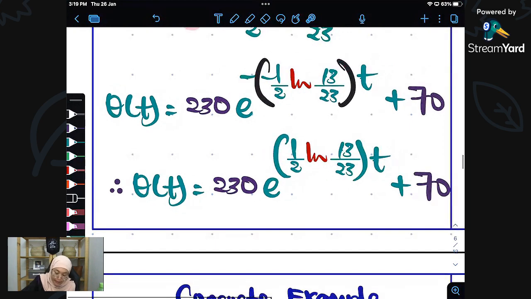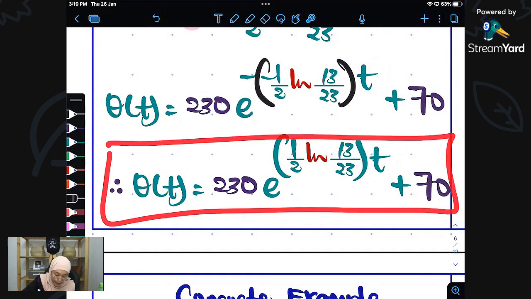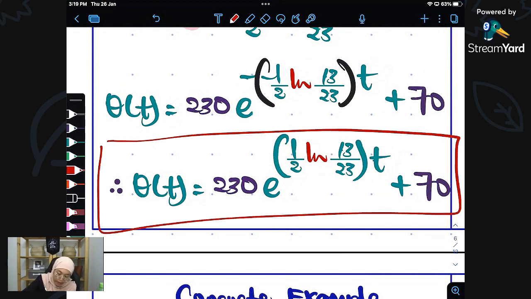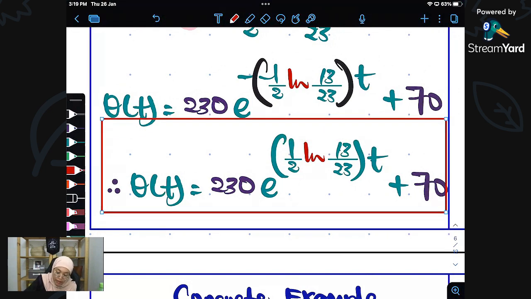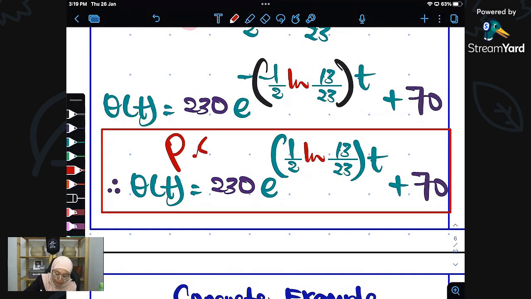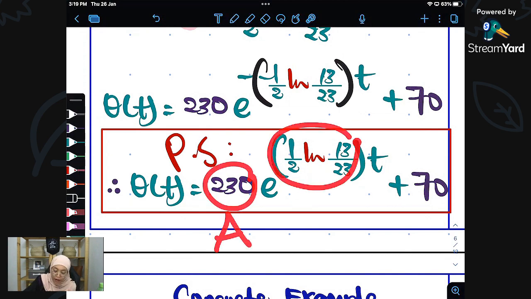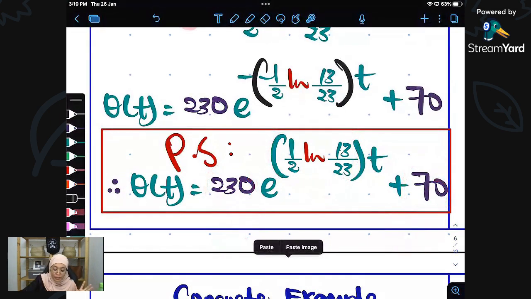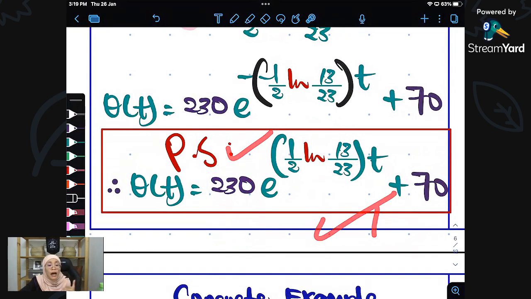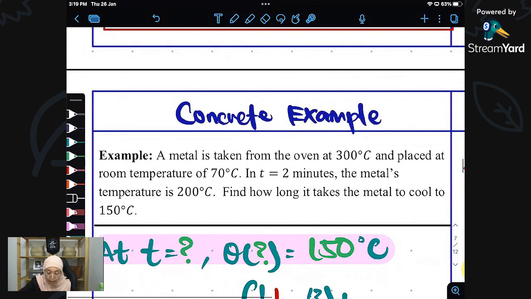So this is your particular solution where everything has been found. You have found the value of A, you already found the value of K, and you already sub in the theta naught, which is the room temperature. So you are happy, has successfully found the particular solution.